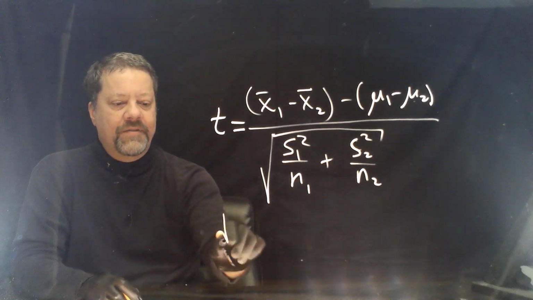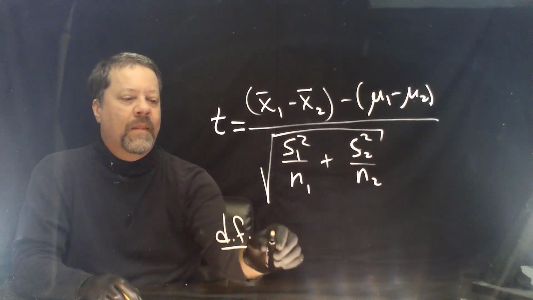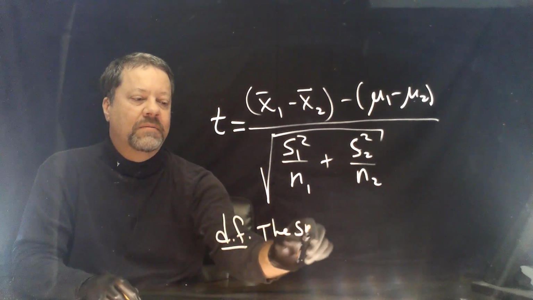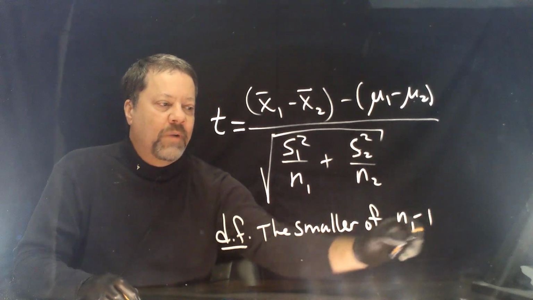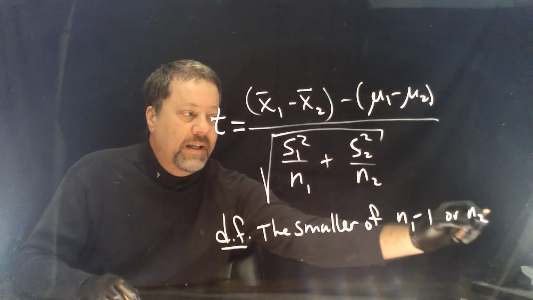We'll have variances from each of the samples divided by their sample sizes added together under the square root. T-scores require a degrees of freedom. We'll have this be the smaller of n1 minus 1 or n2 minus 1.